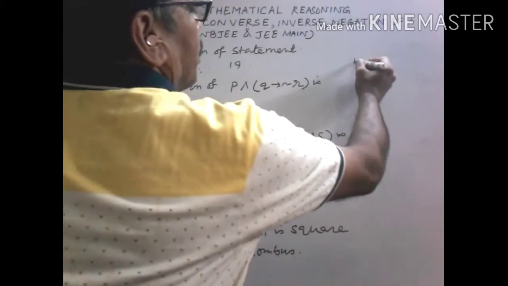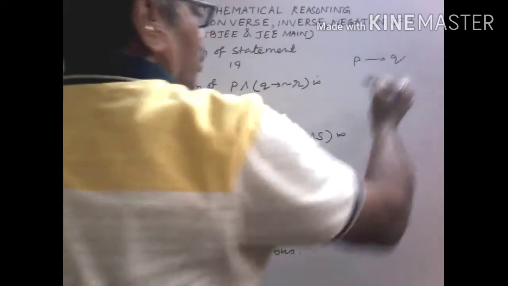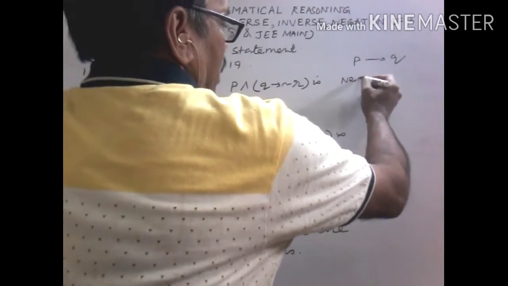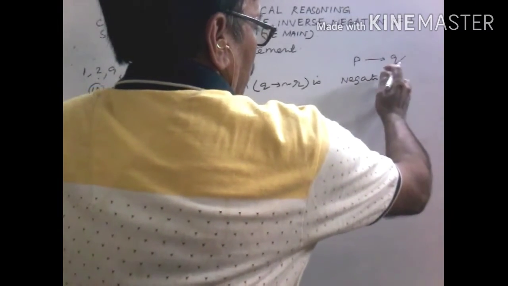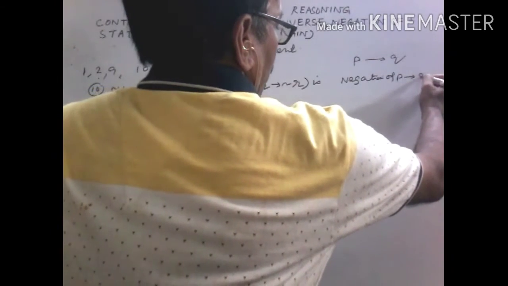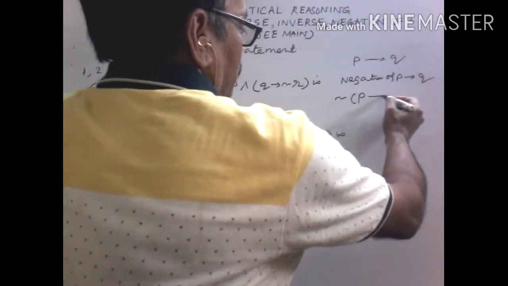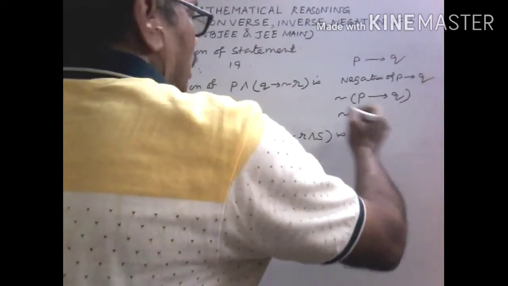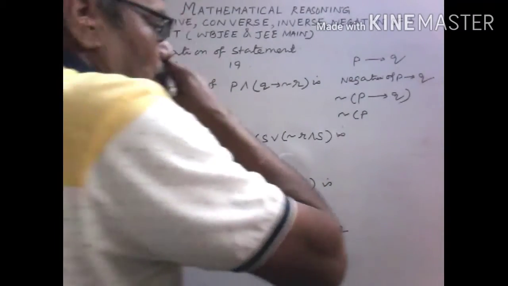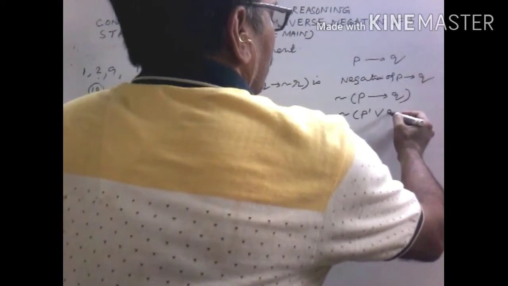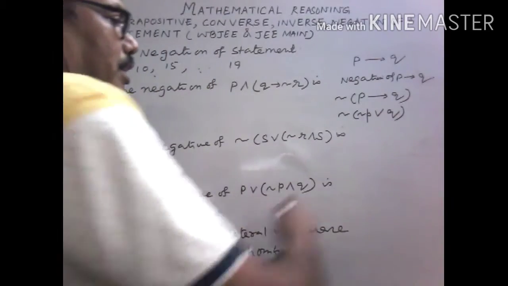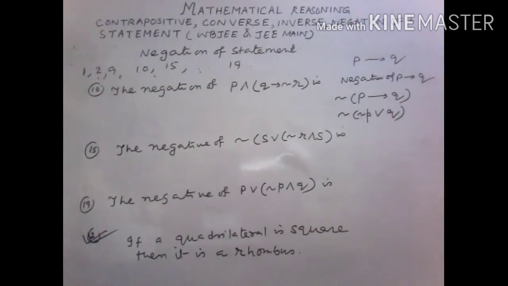So the statement is P arrow Q. Now the negation of P arrow Q. You know the formula: P arrow Q is P dash union Q. P dash means negation P. Negation P union Q, that is a disjunction.